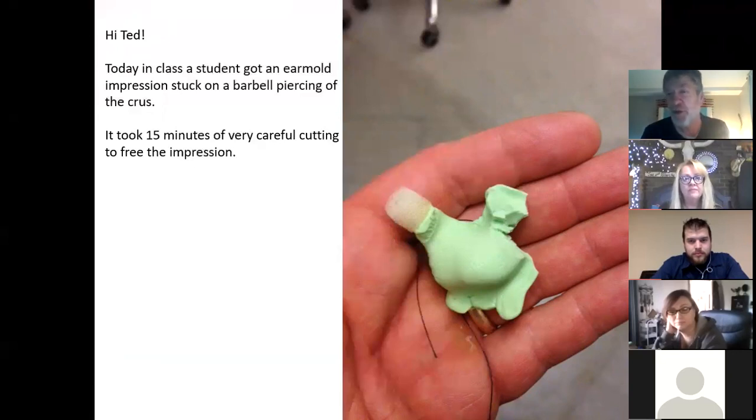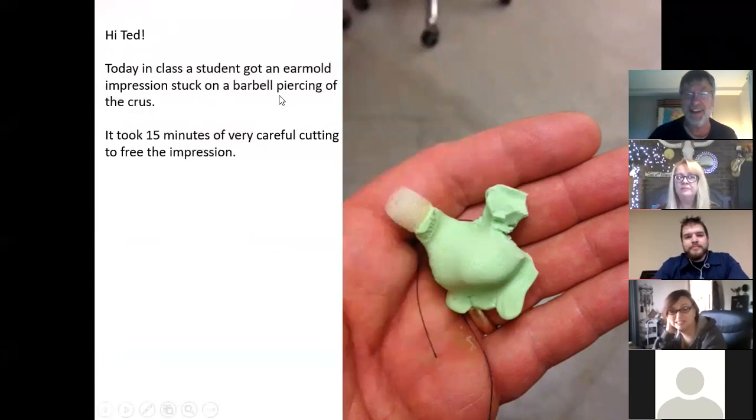And I guess the student taking the impression did not make sure that the silicone didn't involve the stud in the student's ear. So the impression material surrounded the metal thing in her ear, and they had to break it all apart in order to take out the ear mold impression. It took 15 minutes of very careful cutting to free the impression, because it got stuck on a barbell piercing.